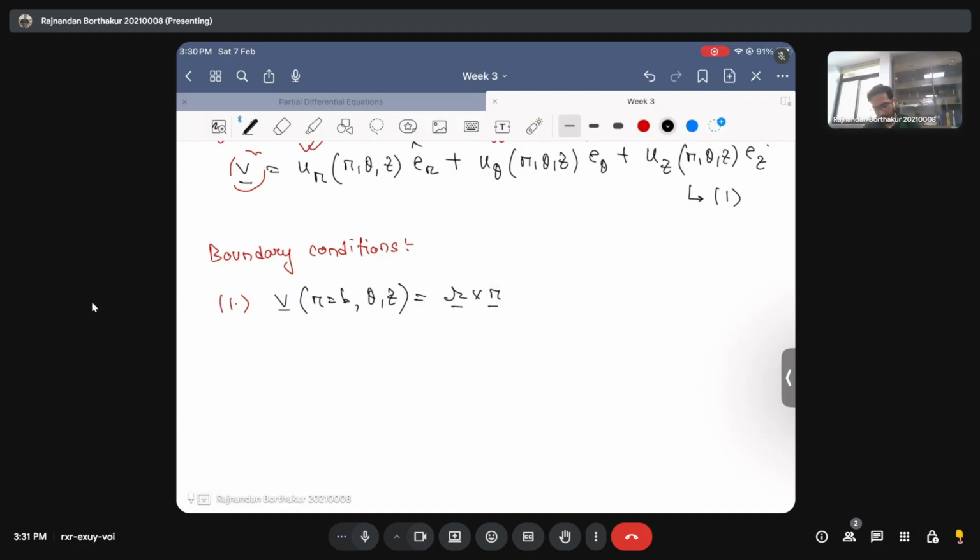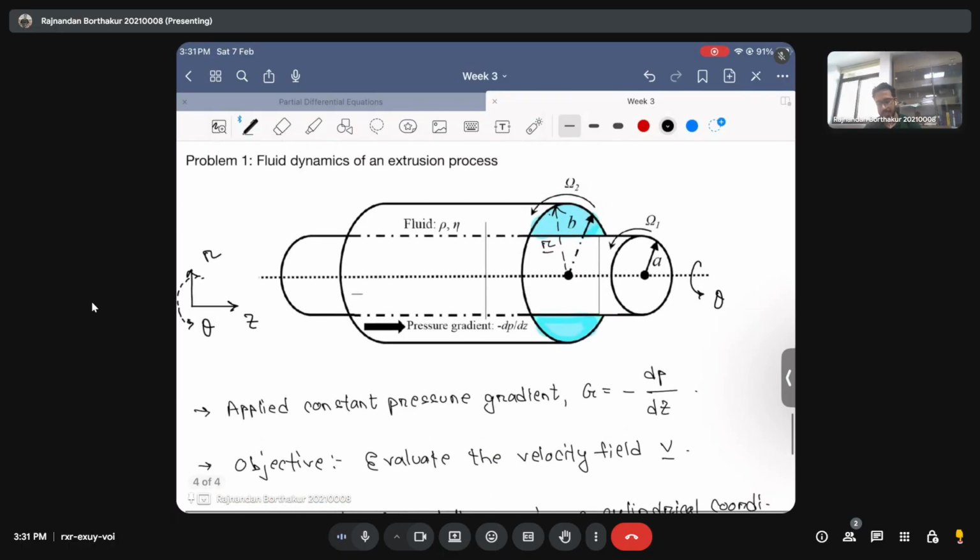Now we know that omega is in the direction of Ez, because we can simply use the right hand thumb rule: if my cylinder is rotating in this direction, then omega is always going to be along the z axis.